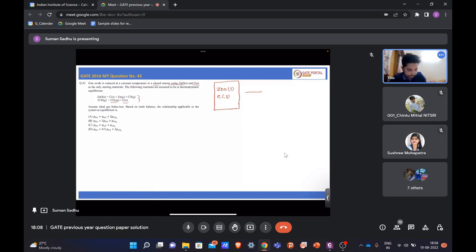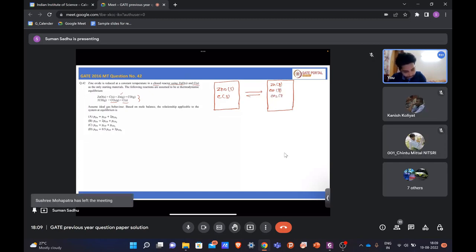What will be the different compounds present at equilibrium? Those are zinc in the gaseous form, carbon monoxide in the gaseous form, carbon dioxide in the gaseous form, and carbon in the solid form. So this will be the product phase, right? Also the unreacted carbon in the solid form and unreacted ZnO in the solid form will be there at equilibrium.